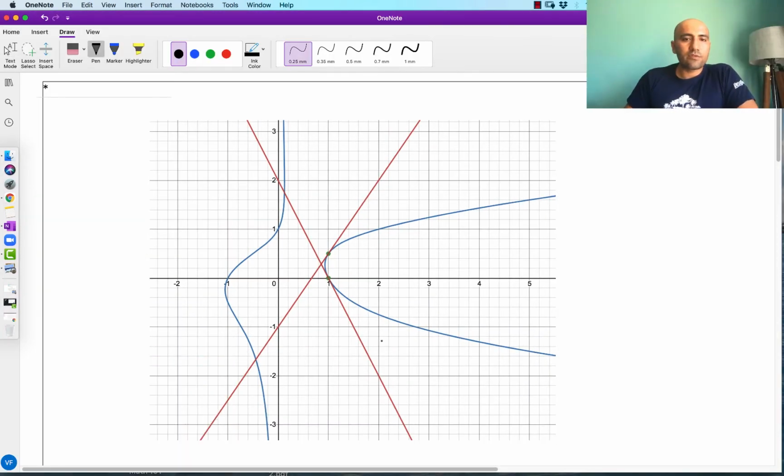Okay, so let's label some stuff then. Everything in blue, all of it, is our original equation. So this thing here is 3 minus y plus 2xy squared minus x squared equals 2.